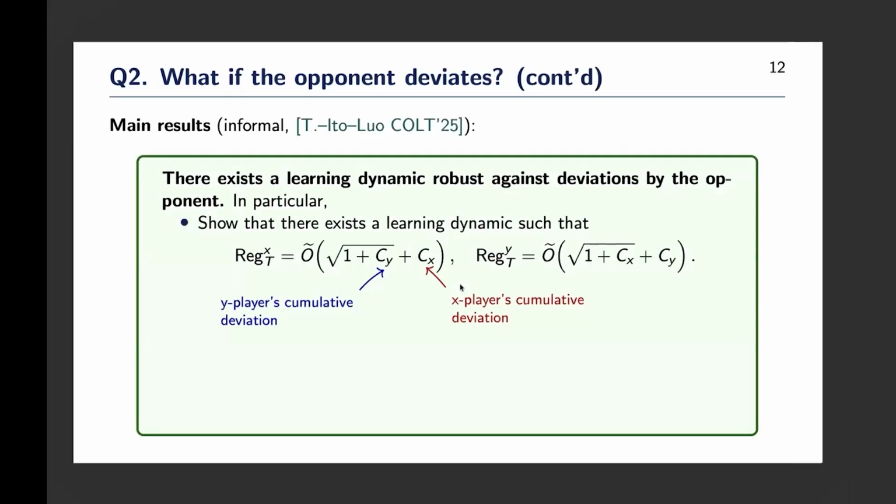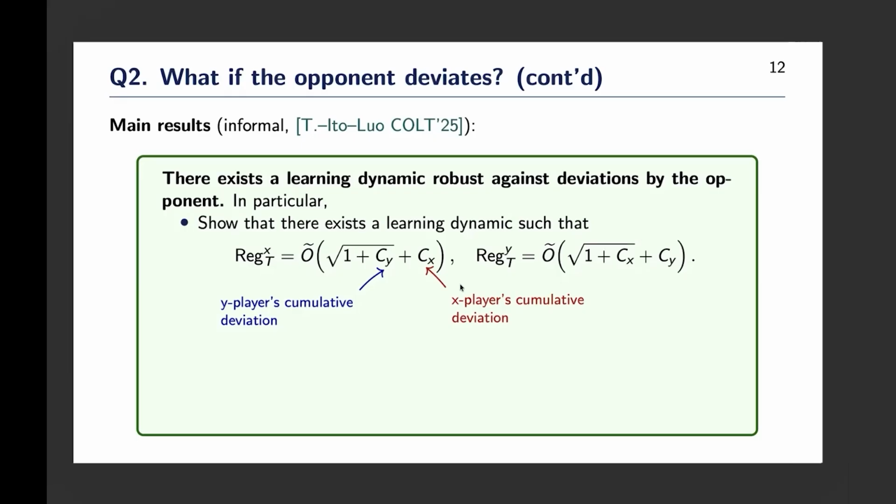And to deal with this, we construct a new learning dynamic that is robust against deviation by the opponent player. In particular, we show that there exists a learning dynamic such that the regret of the x player is upper bounded by the square root of the y player's cumulative deviation plus a linear term of the x player's cumulative deviation.